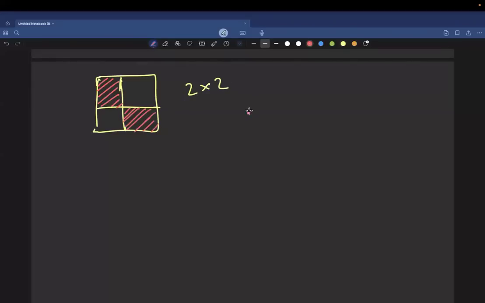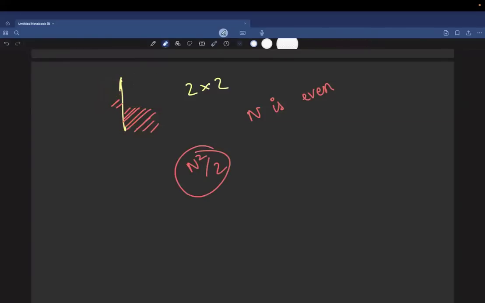And if n is even, then n square by 2 is nothing but half of the cells. So you will just have to draw these cells black one by one, and for the remaining cells, they will remain white.